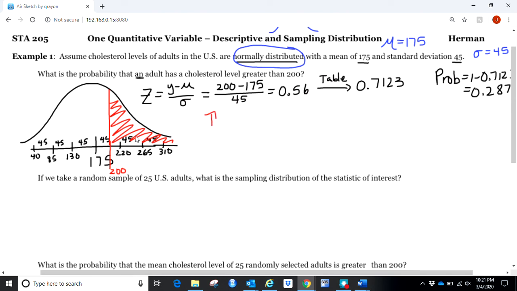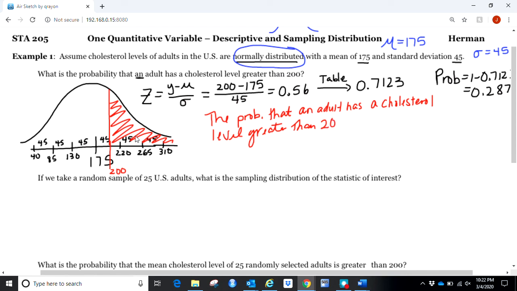So now if we were to interpret that, we would say the probability that an adult has a cholesterol level greater than 200 is 0.2877, or would be 28.77%. So that's old stuff, really.